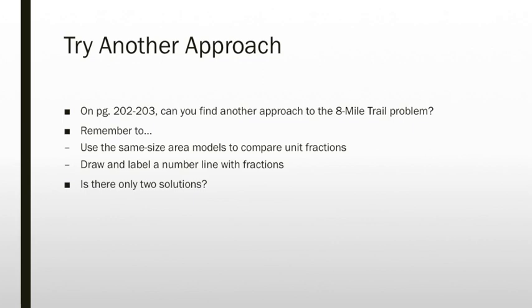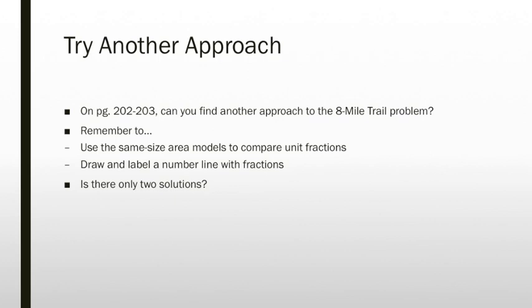Now, I'm going to leave you and let you have some time to try another approach. So I think this should be the first page in your packet, page 202 and 203, and I want you to see if you can find another approach to the 8-mile trail problem. Now remember, as you're working, you want to remember to use the same size area models to compare your unit fractions.